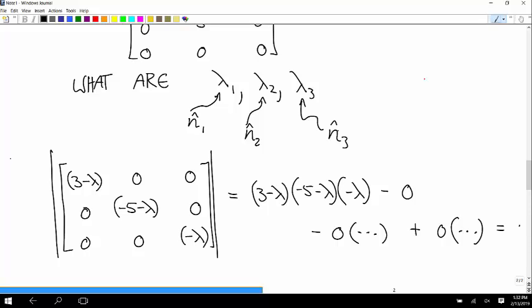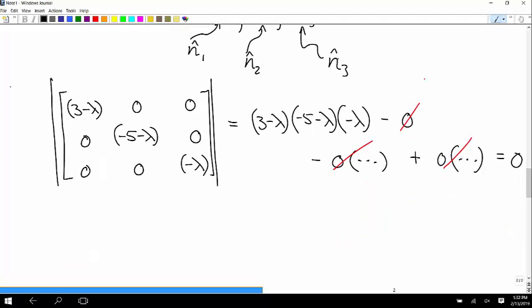We're setting all this equal to 0. Okay, so we're looking for the roots of this equation: 3 minus lambda, -5 minus lambda, negative lambda is equal to 0.